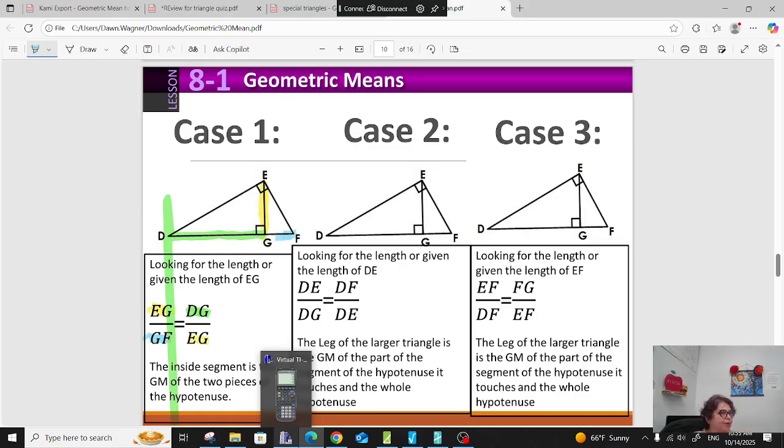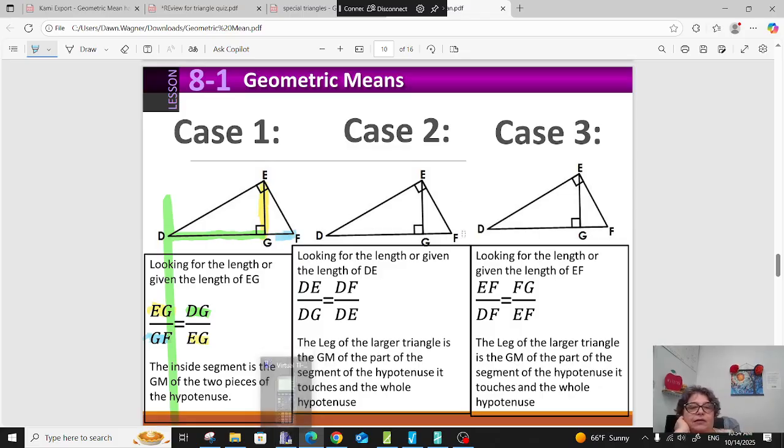FG is part of the hypotenuse. Those are the two numbers or two segments you would use to set up the correct proportion. Sometimes we may have to subtract or add or do something else to find those pieces, because some of these end up being trickier. Not all of them, but some of them.